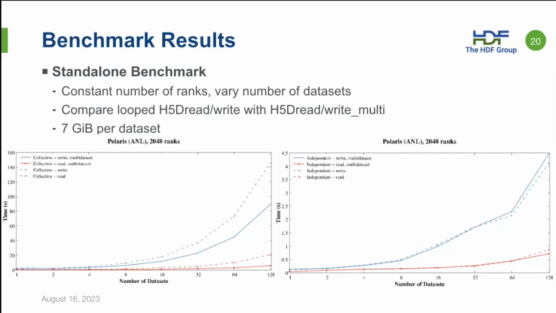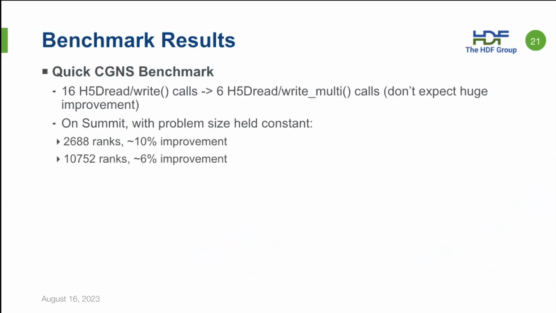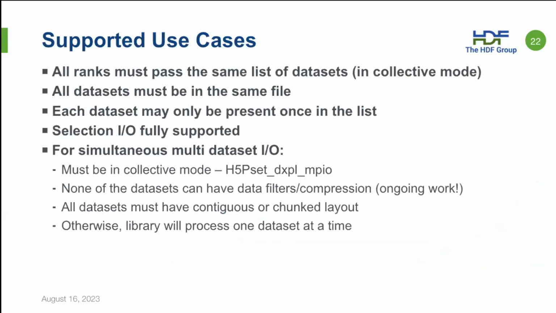Again, independent is pretty much the same, as expected. Another quick CG&S benchmark showed a 10% or 6% improvement depending on the column size. And I think, yeah, so, support use case.